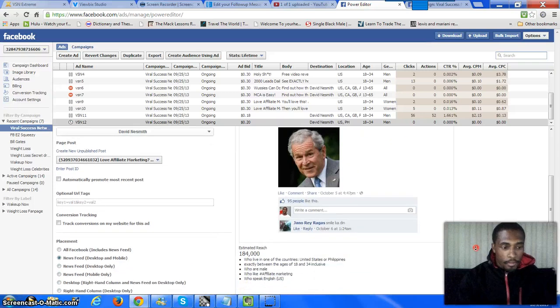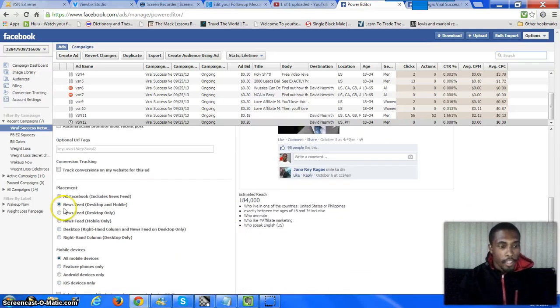and now this is the trick right here. I always have my ad show up in the newsfeed. Because when your ad shows up in the newsfeed, people see your ad. It's right in their face. And since it's in their face and you have an interesting picture, people are going to click on it, and they're curious about what this is about.